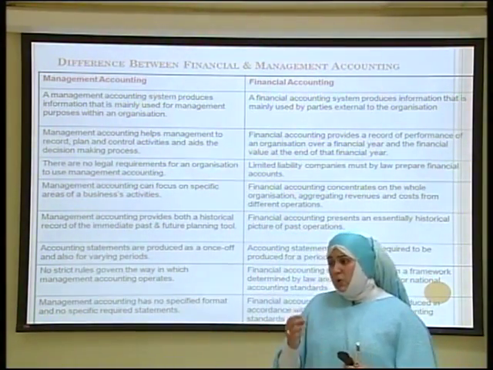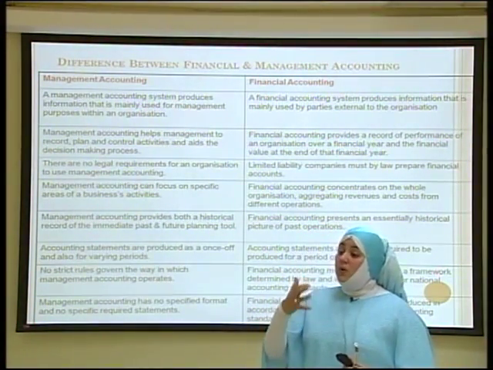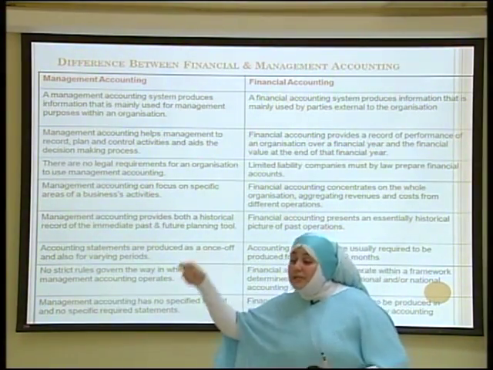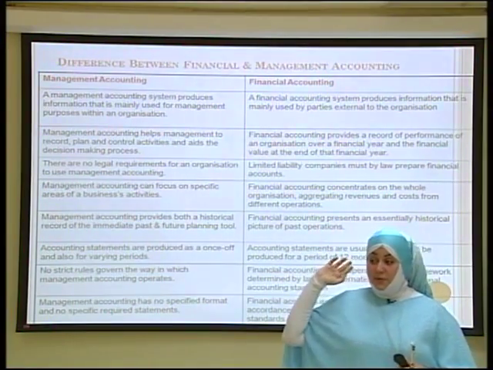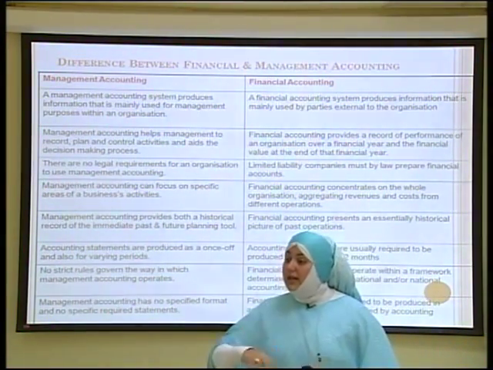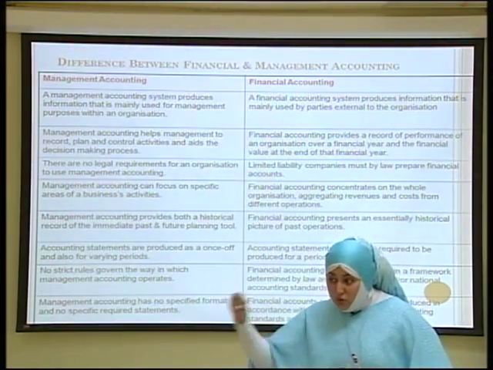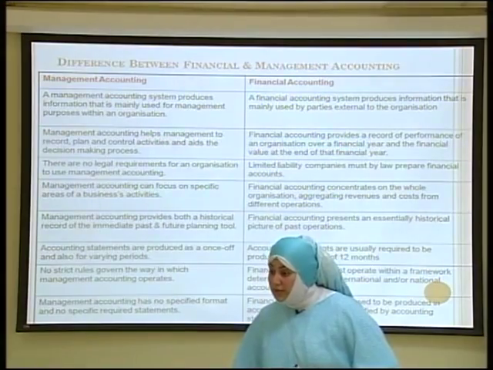These regulations are called, for example, in the States, GAAP, the Generally Accepted Accounting Principles. So organizations there, when they prepare the financial statements and handle different transactions financially, doing their journals and ledgers and all these things, have to follow the Generally Accepted Accounting Principles.